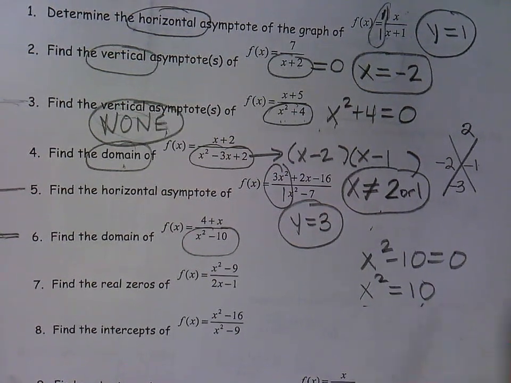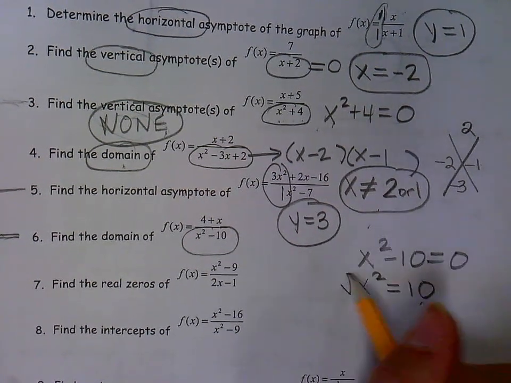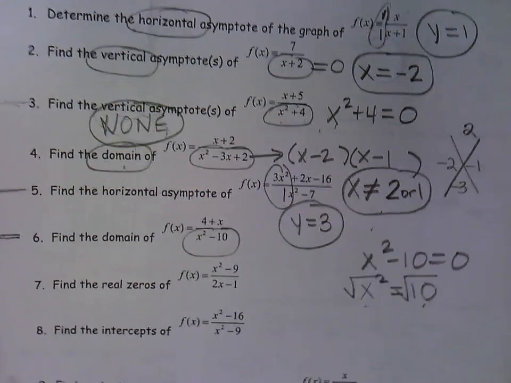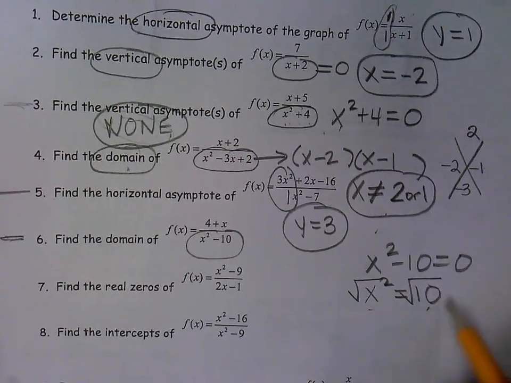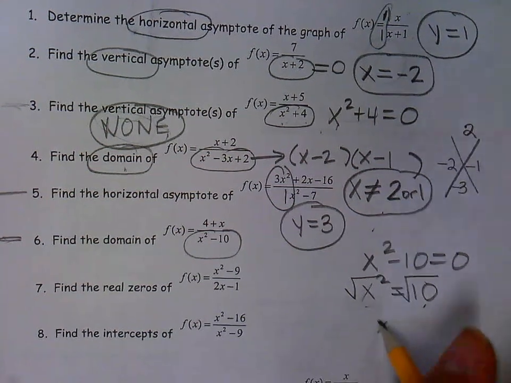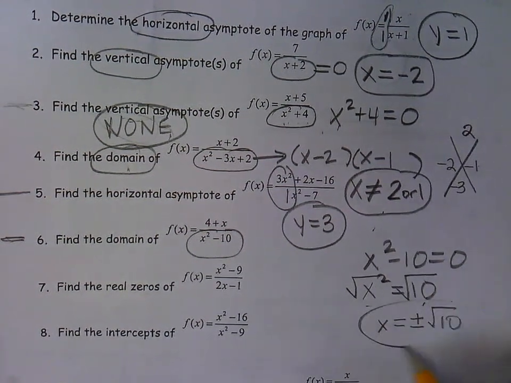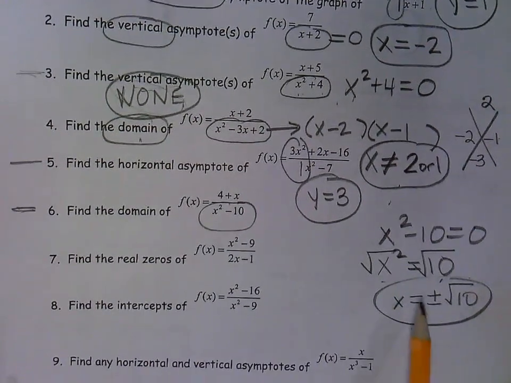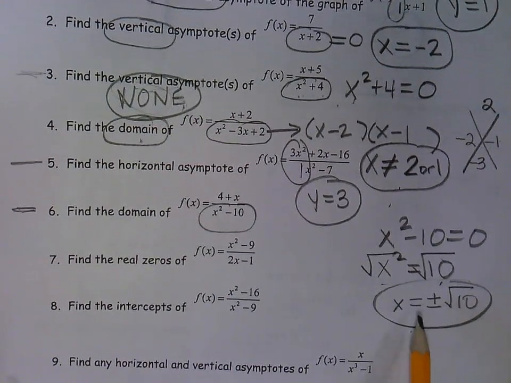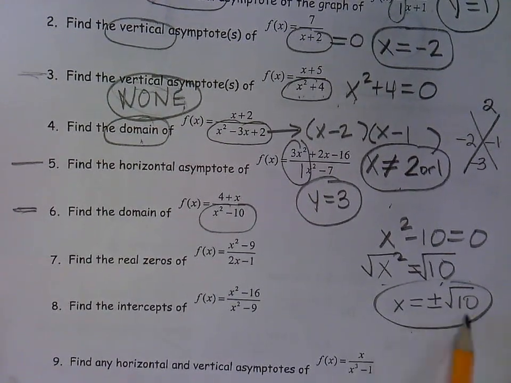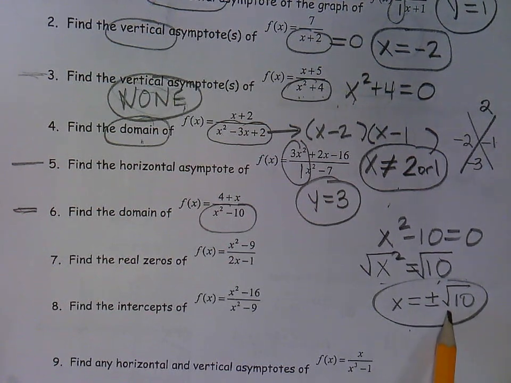But I can still take the square root of 10, like when you had to reduce radical form and stuff. 10 is already in reduced radical form, so my answer is just plus or minus the square root of 10. And that's harder than one that I would give you. I'll probably give you one that's factorable, like difference of squares. But plus or minus root 10 was the right answer if you got there.